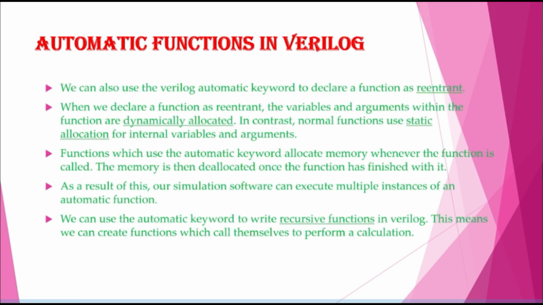But in automatic functions, as soon as you declare the function, the memory won't be created. Then when will the memory be created? When you are calling that function. Calling that function means, in simple words, we are using that function. Is it or not? Yes.